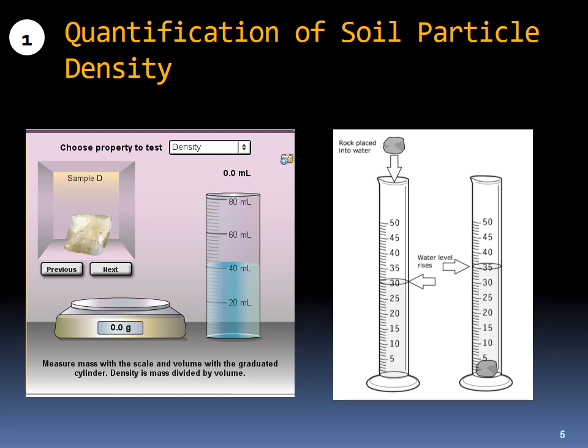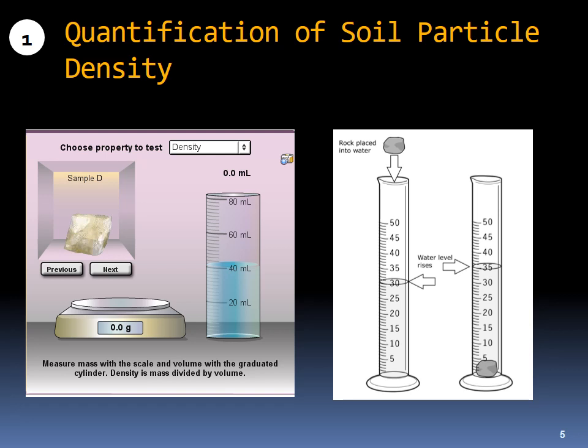Now, once you put the first particle, which is the quartz, in the water, it will sink, and as it sinks down in the water, it will displace the water. So the level of water, as you see in the picture, changed from 30 to 35. And then you just subtract 35 minus 30, and that would be 5 ml.